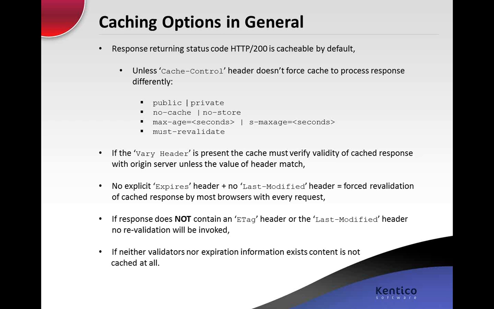Content on the client side might be already invalid when you receive the response with expires specified, if there is a problem with synchronization of the time between the client and the server. And the must revalidate basically enforces revalidation before viewing the content from the cache after the expiration period finished.